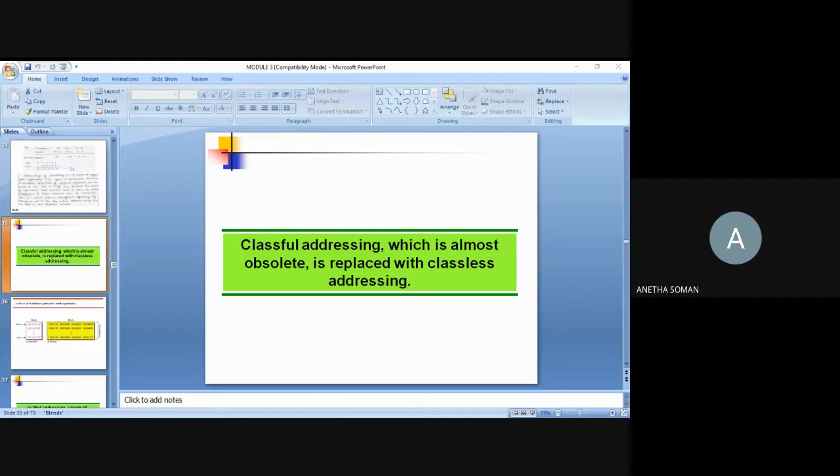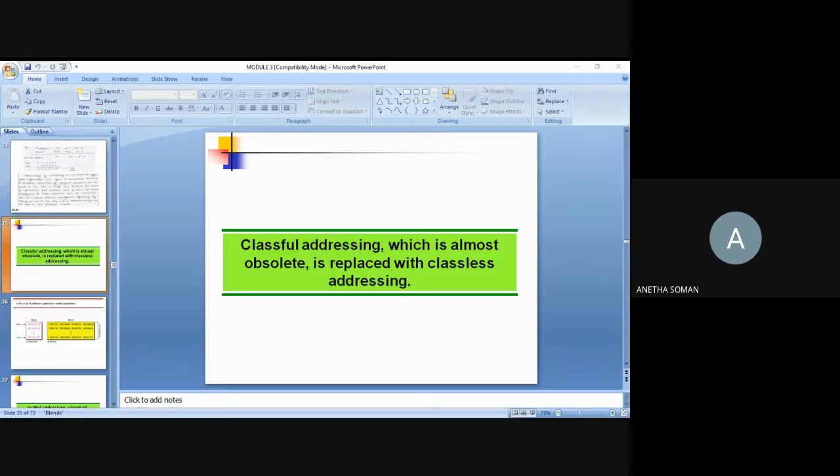And in class A, they were provided with almost 16 million addresses. So in class C the address was not sufficient, but in class A the address was wasted. So there was some problem in classful addressing.